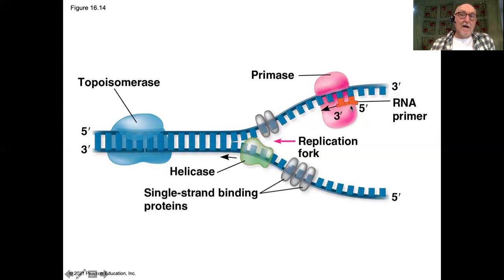So once we've laid down a little primer there, and the DNA polymerase comes in and starts to make the strand, it can go for thousands of bases. It can go for ages and ages, following behind the helicase as the helicase opens up. So the DNA polymerase will lay down the new DNA strand.